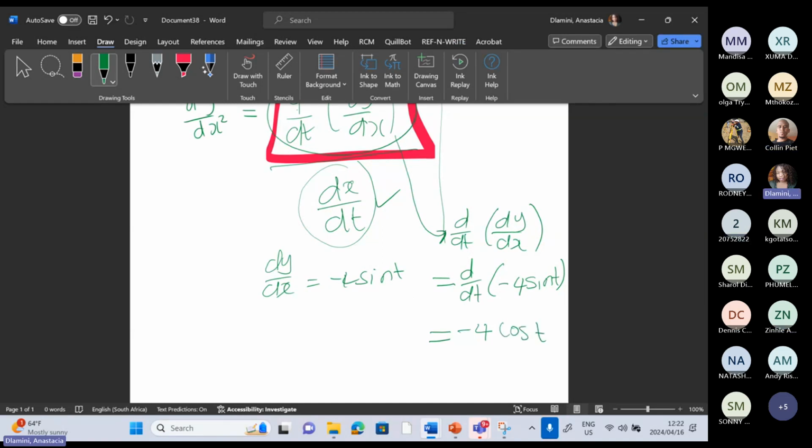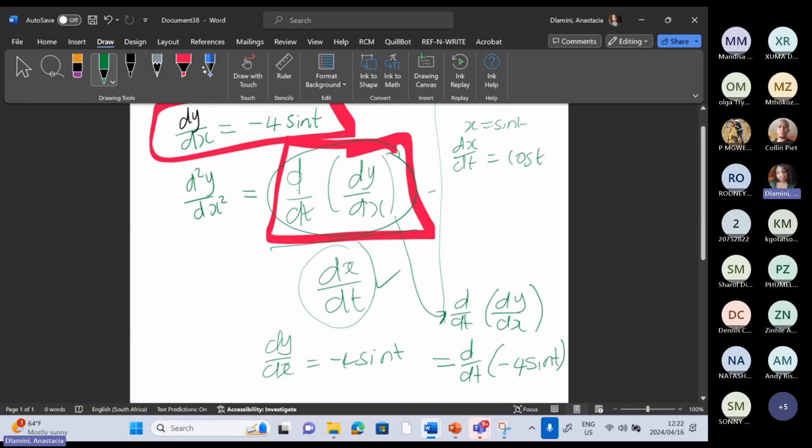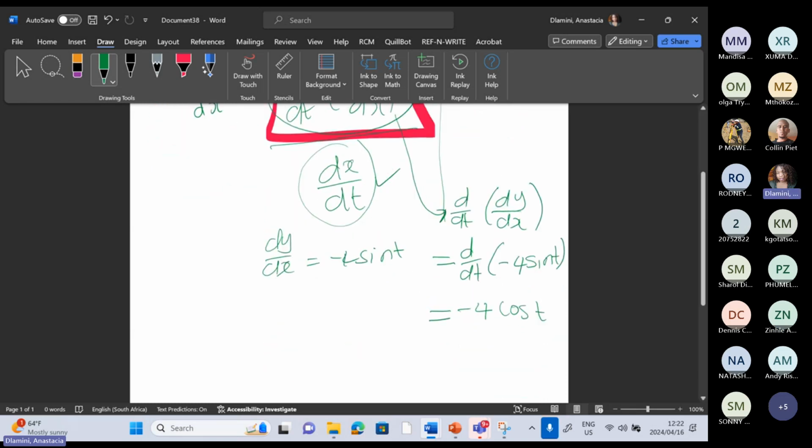Are we all together? Yes, ma'am. Then you go and substitute here. Okay, let's make space. Therefore, the second derivative of y with respect to x will be equal to d/dt of dy/dx over dx/dt.